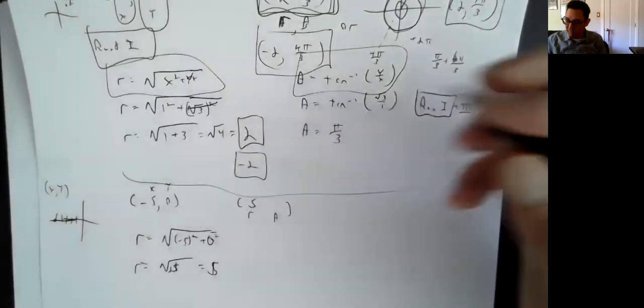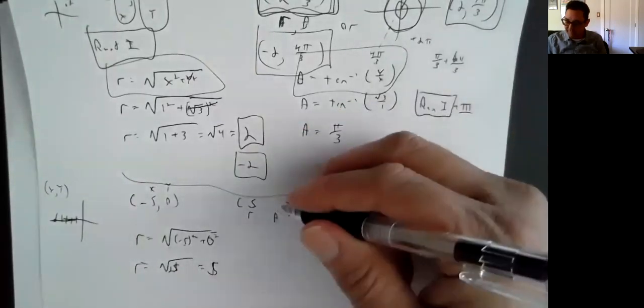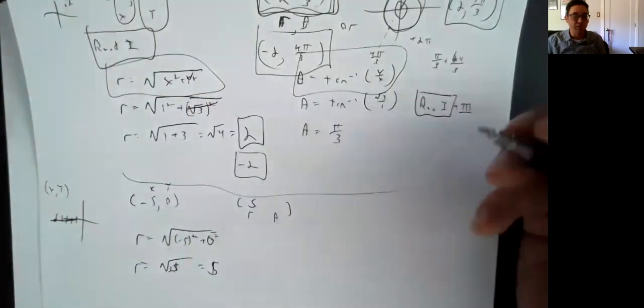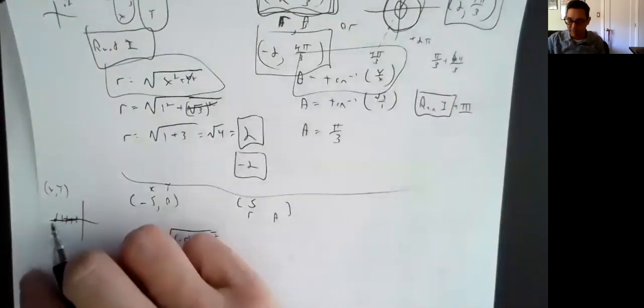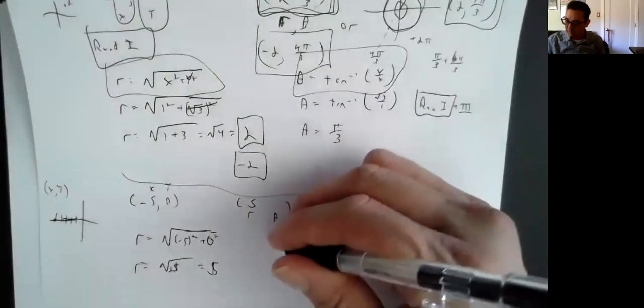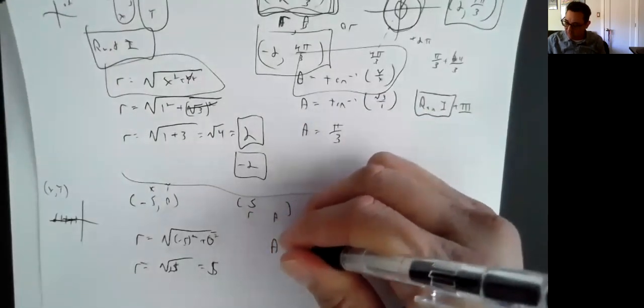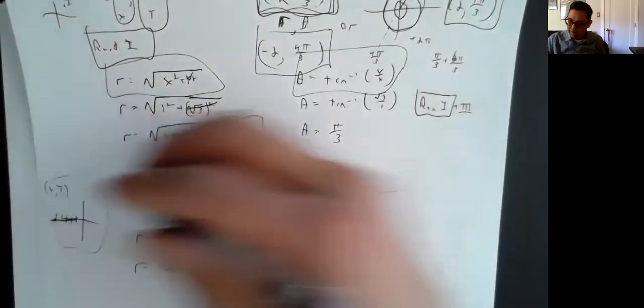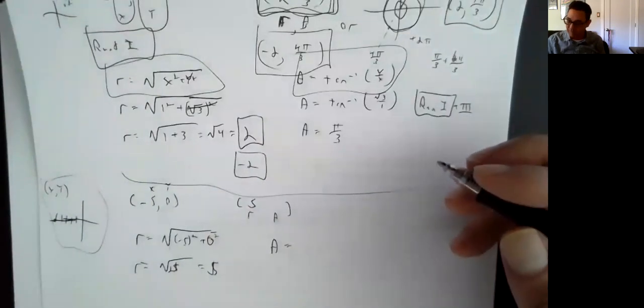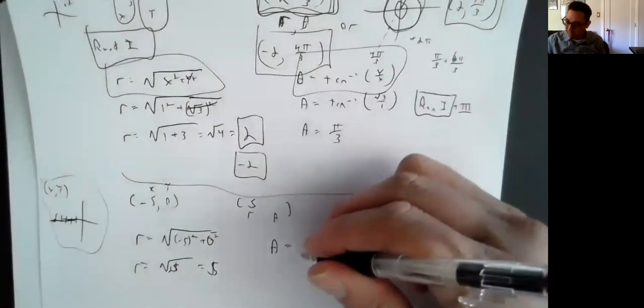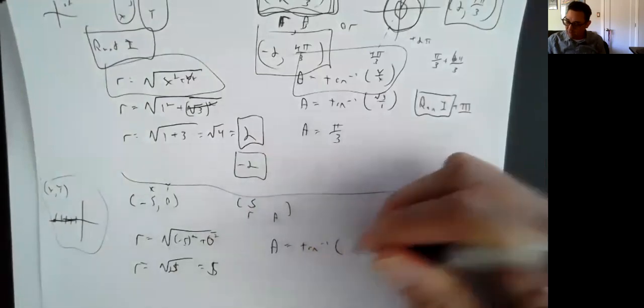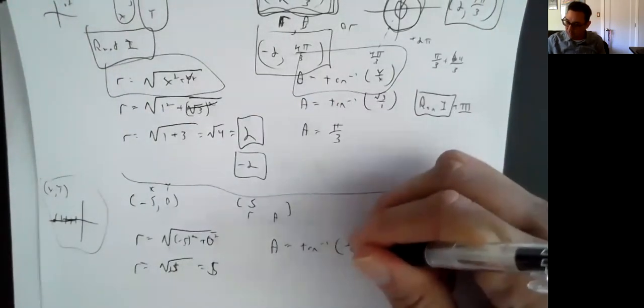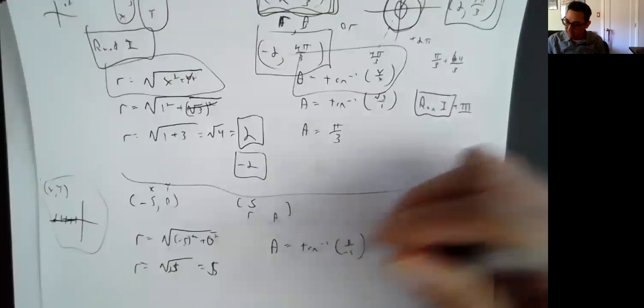r is 5, so that means I'm on ring 5. And the theta, now I actually can probably guess, but let's do the calculations and prove it, because we already know in theta that's probably pi. But let's do the formula and see if that works out. Because we already drew a sketch, we kind of had an idea. The sketch doesn't always work, but it does kind of work this time. So theta is supposed to be the inverse tan of the y value, 0, over the x value, -5.